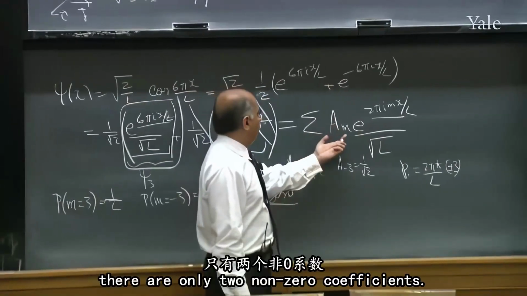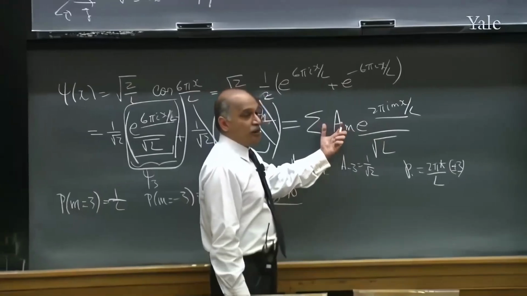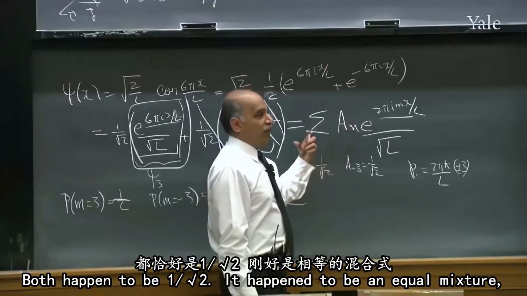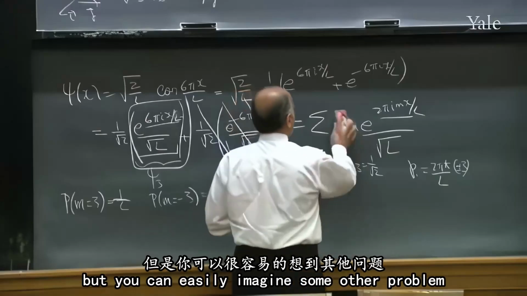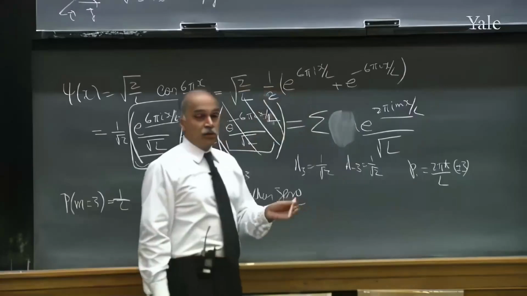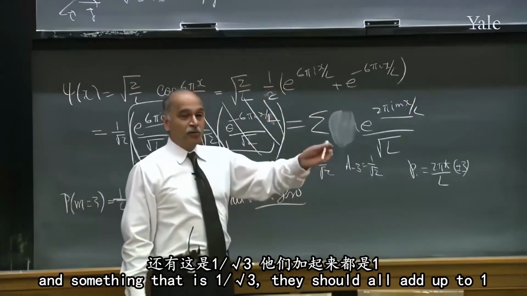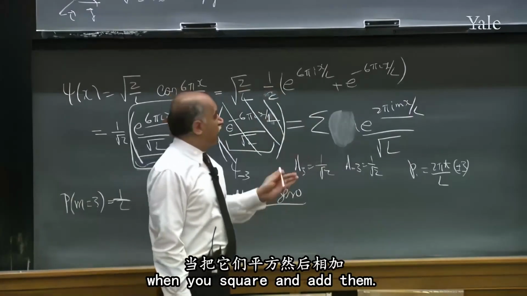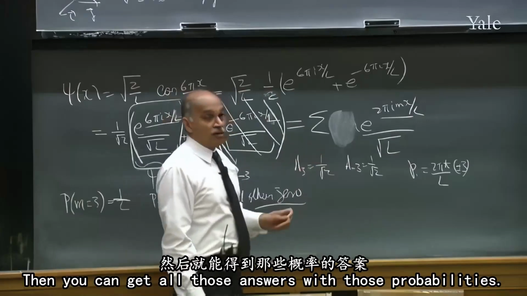In our problem, there are only two non-zero coefficients. Both happen to be 1 over root 2. It happened to be an equal mixture, but you can easily imagine some other problem where this is 1 over root 6 and something else is 1 over root 6 and something else is 1 over root 3. They should all add up to 1 when you square and add them. Then you can get all those answers with those probabilities.